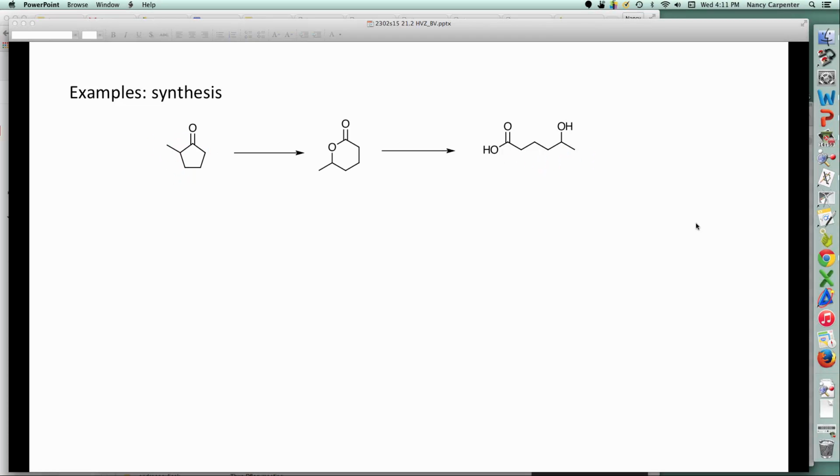There you go. If I could just do a Baeyer-Villiger on that ketone, I would be able to then add what? I want to ring open this ester. I want to hydrolyze this ester into the alcohol and the acid.